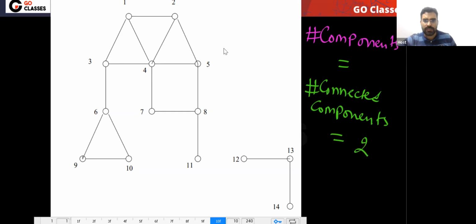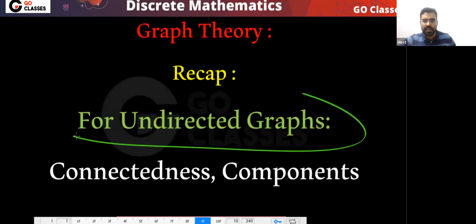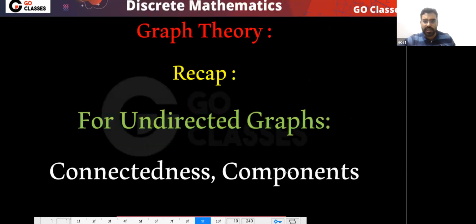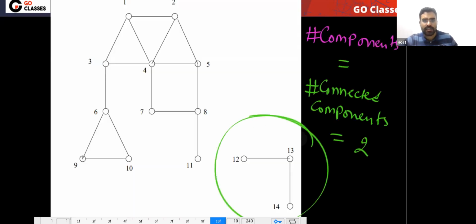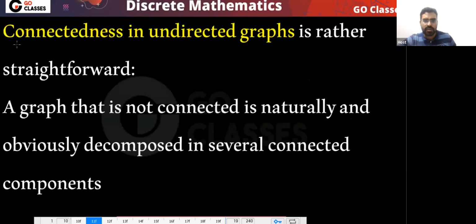So this is the concept for undirected graph. You know, for undirected graph, this is very easy. What is a component? I can say a component is like an island. We have already seen this. So connectedness in an undirected graph is straightforward.